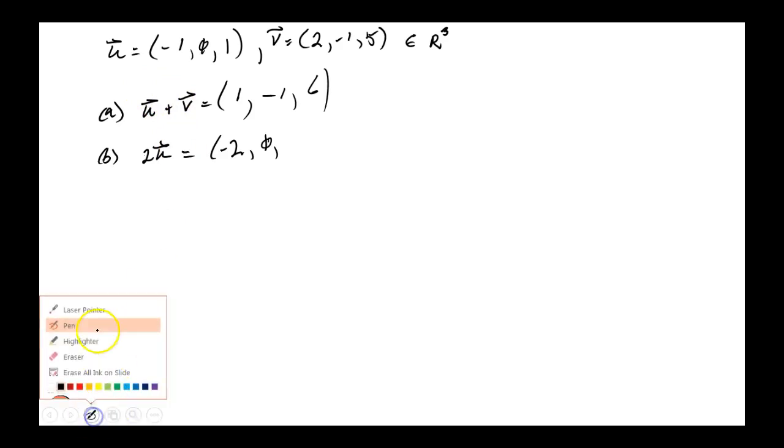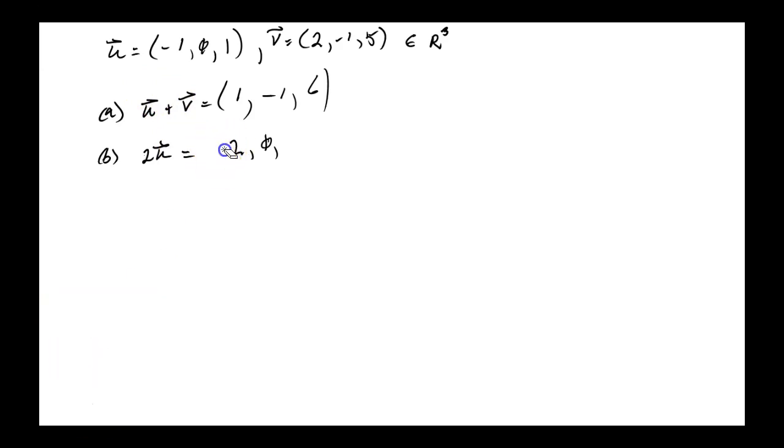Let's write it this way: 2u would be 2 times vector u, which is (-1, 0, 1), and that would be (-2, 0, 2). Perfect.